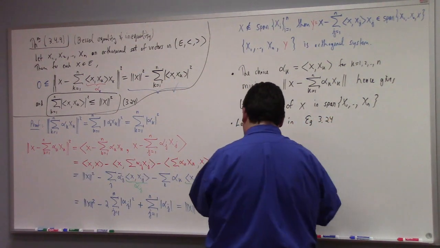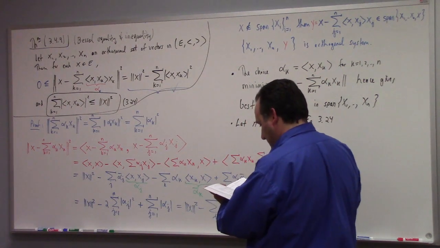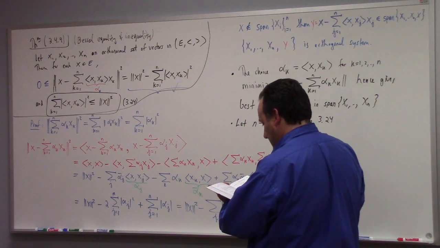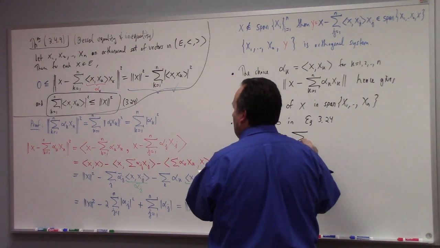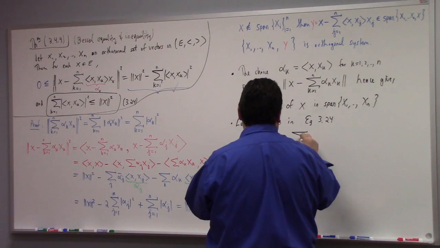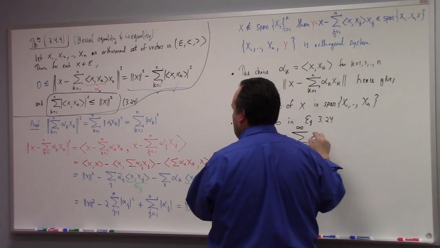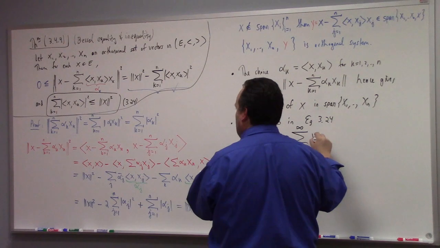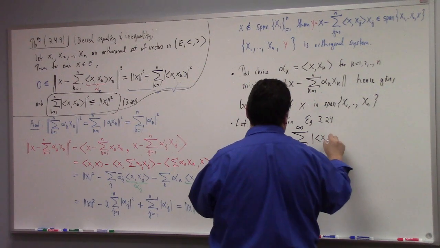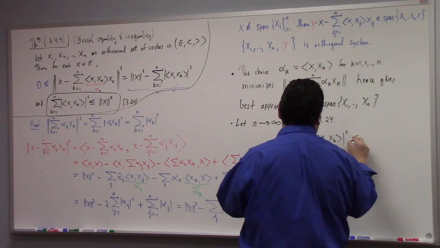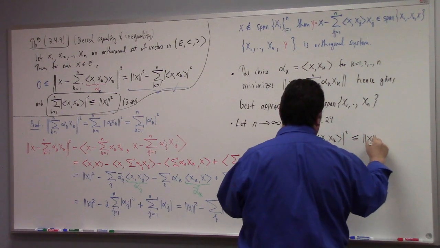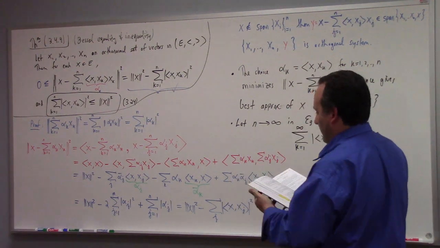What do we get from that? We have that the sum, k equals 1 to infinity, of the absolute value of the inner product of x with x_k, squared, is less than or equal to the norm of x squared.